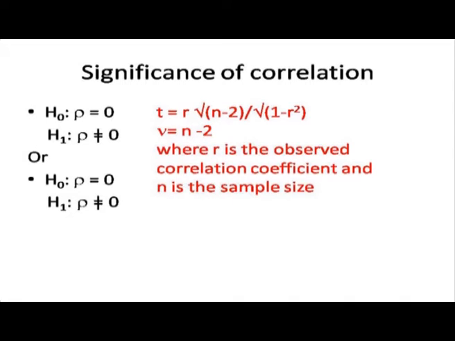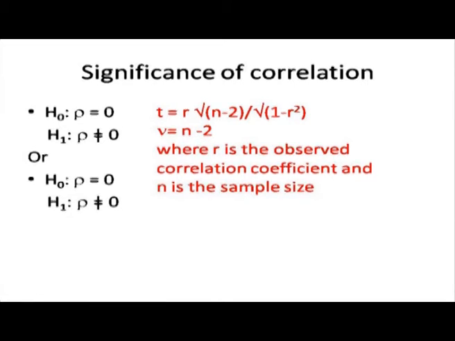If calculated value is less, we accept the null hypothesis, and if calculated value is more, we reject the null hypothesis. Null hypothesis is that rho equal to 0. The value of correlation between two variables in the population from which a sample has been drawn is 0, means the variables are uncorrelated.